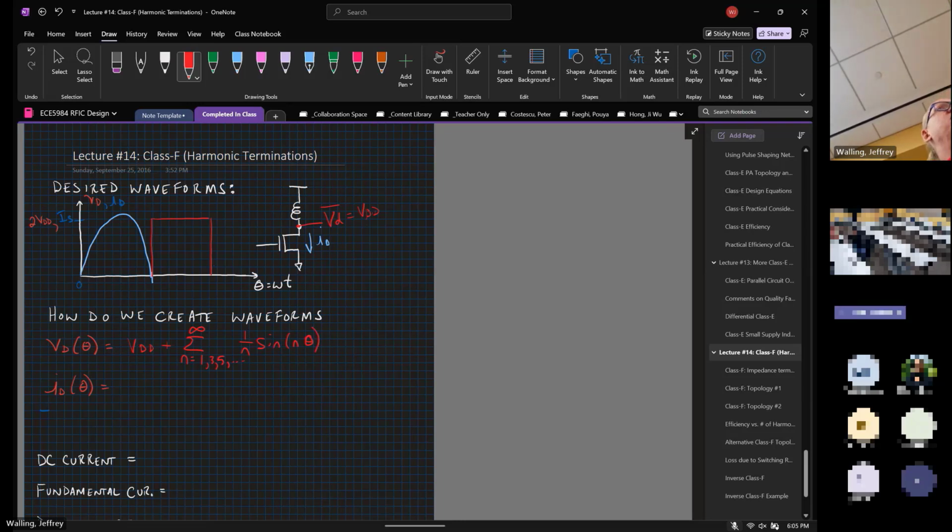And for that half rectified current waveform, we can again do a similar analysis, and we're going to find that it's equal to IDC plus the sum from n equals 2, 4, 6, all the even harmonics up to infinity, of 1 over n times the cosine of n theta.